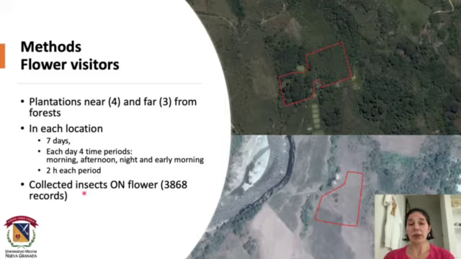Insects were collected if they were on the flowers. So students were very diligent in observing the flower and collecting insects that were on the flowers, for a total of 3,868 records of about 61 species of insects.